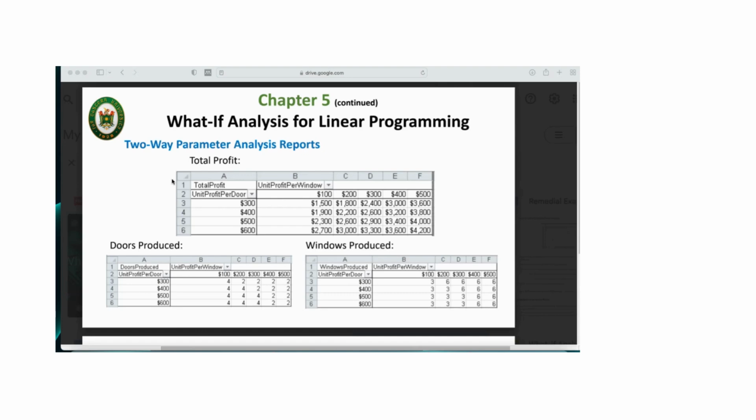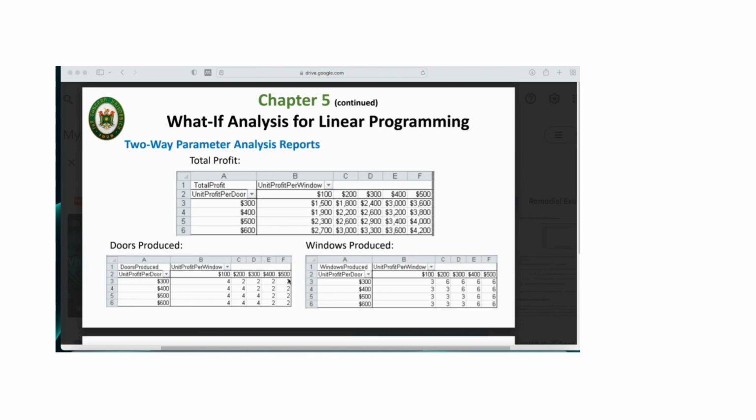All right. So, how do we use these two-way parameter analysis reports? First, we have the total profit table above. Then below, we have the optimal solution in two separate tables. The left side shows how many doors will be produced in combination with how many windows produced on the right side.